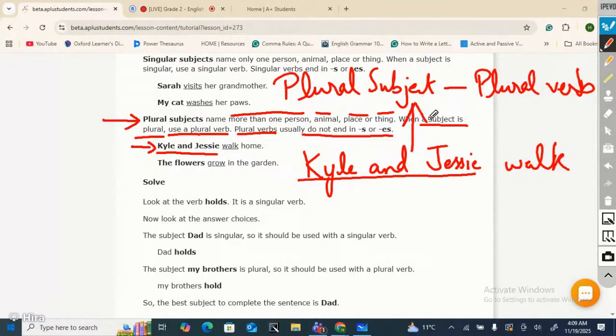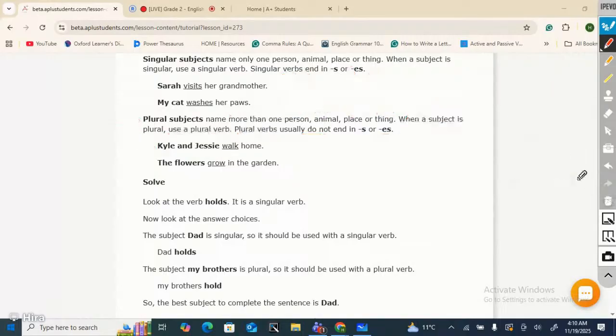It is a plural subject, right? Because it names more than one person. So if it is a plural subject, we are going to use a plural verb, walk. And this plural verb does not end in s or es. So subject and verb agree. Plural subject, plural verb. Plural subject takes a plural verb.